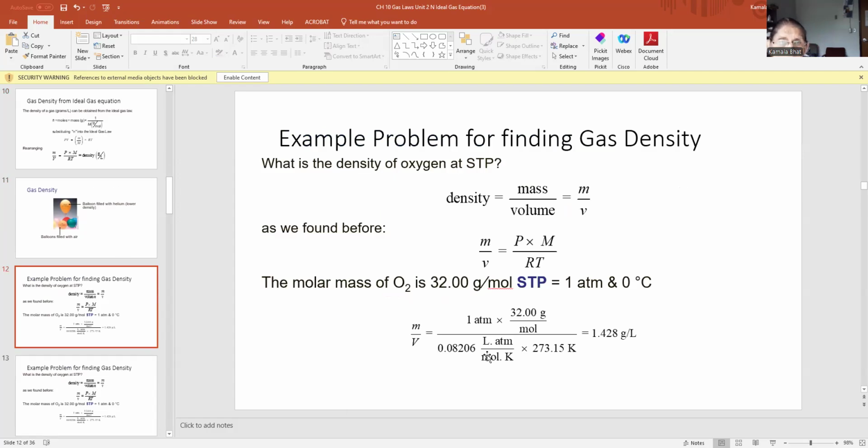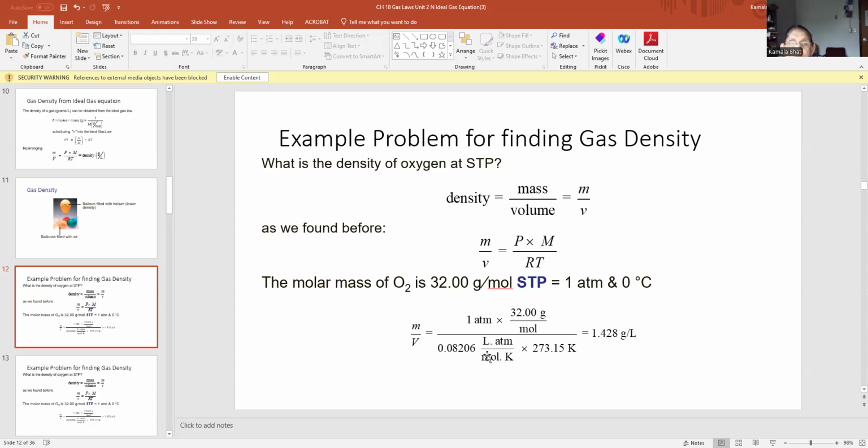So what is the density of oxygen under STP conditions? Under STP conditions, the density of the gas is equal to PM over RT. The molar mass of oxygen is 32 grams per mole.